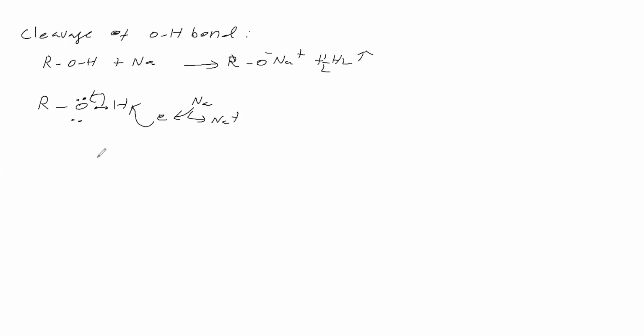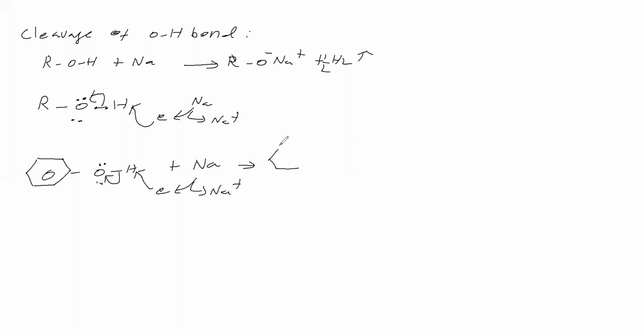Okay. Next, phenol reacting with the sodium, that we will see. Phenol is reacting with the sodium. Sodium gives one electron and becomes Na plus. This electron is attacking this H. This bond is shifting here.